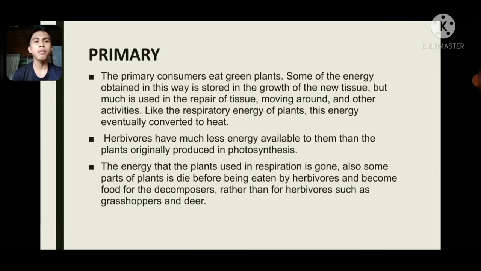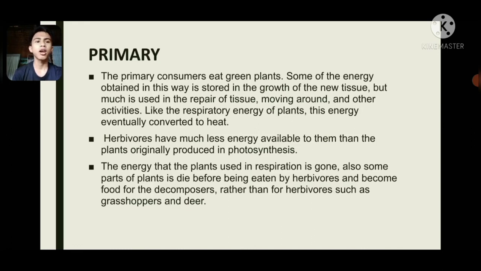Primary. The primary consumers eat green plants. Some of the energy obtained in this way is stored in the growth of new tissue, but much is used in the repair of tissues, moving around, and other activities like the respiratory energy of plants. This energy is eventually converted to heat.